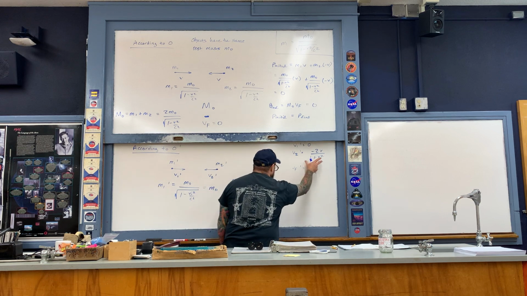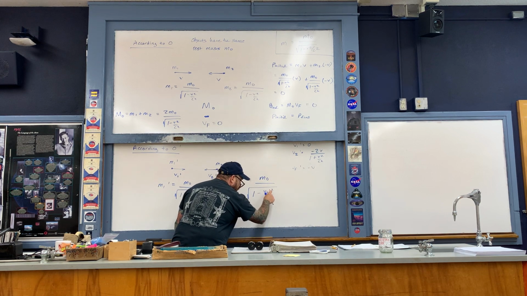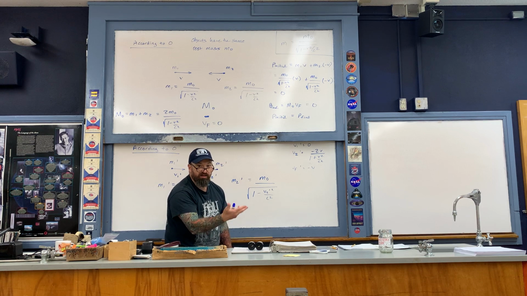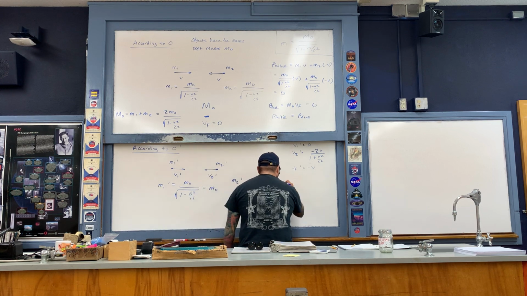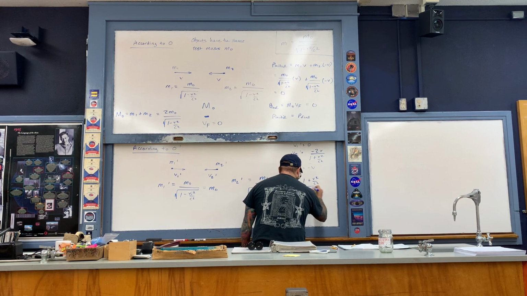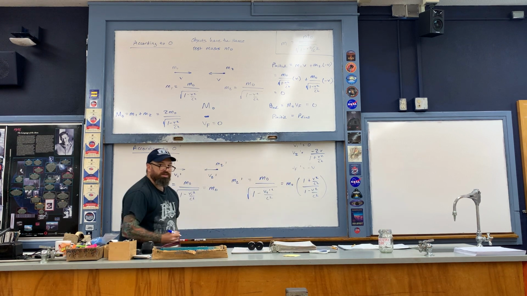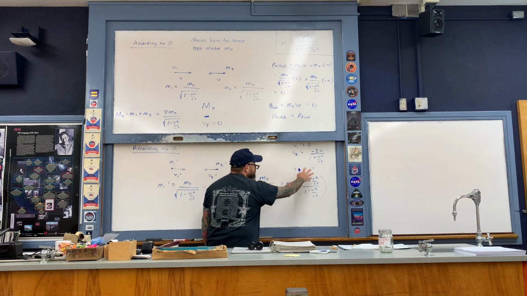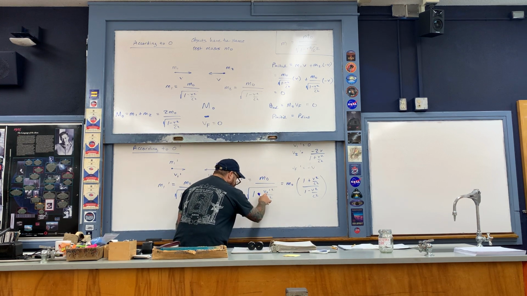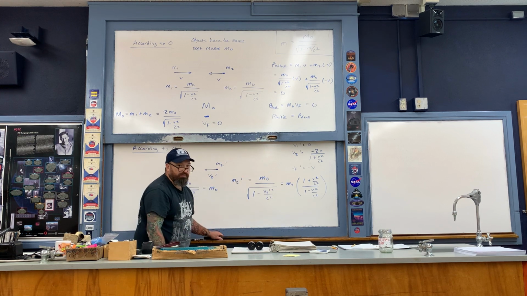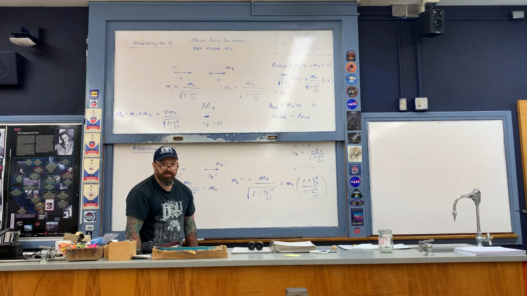If you plug this quantity in, square it, and simplify, you ultimately obtain the following expression. This comes out of the algebra you would have to go through when you take this expression for V2 prime, plug it in, and square it.